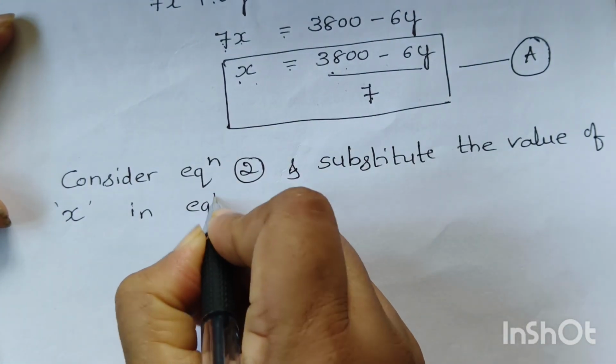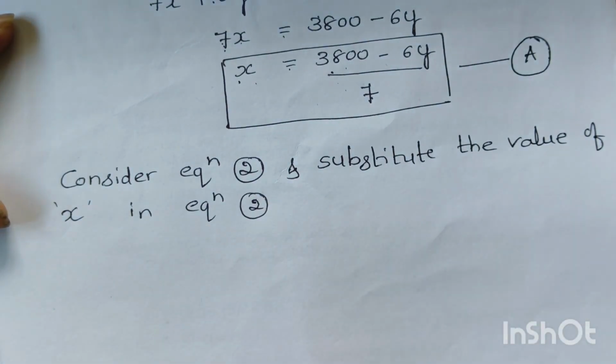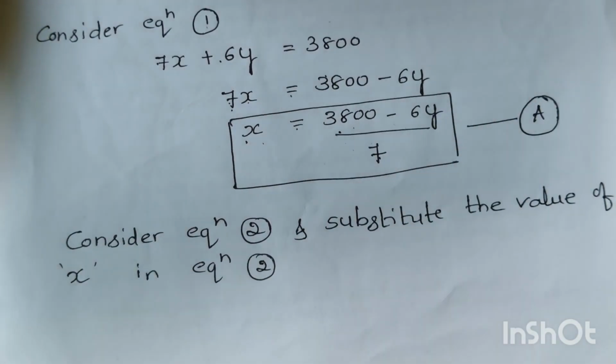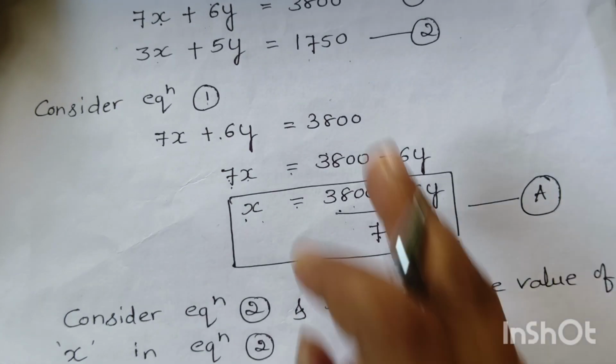First let me write equation 2, that is 3x plus 5y is equal to 1750.